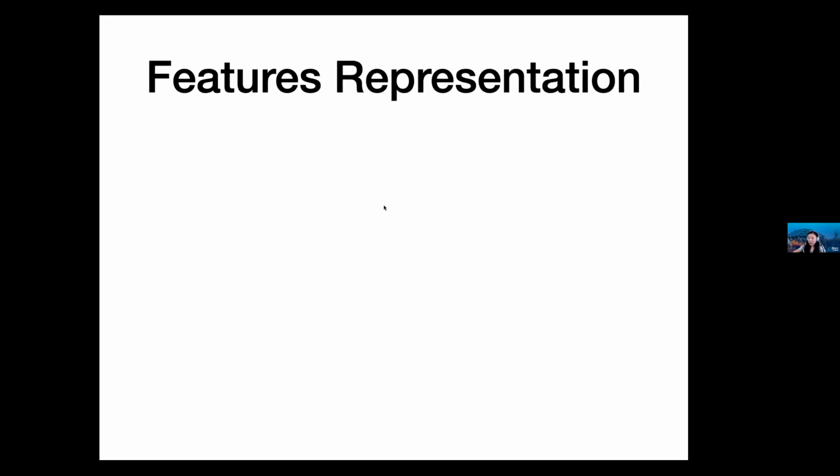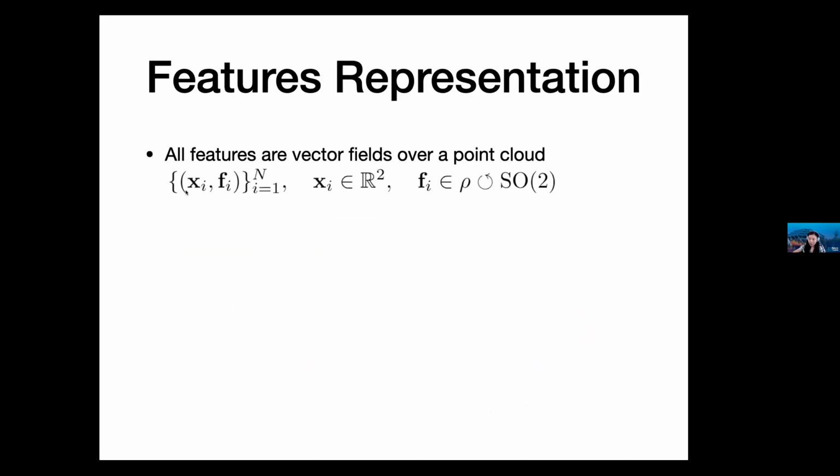Our data is point cloud. For point cloud, we have points xi, which is the position in the space. In this case, it is the xy coordinate of the point. And on top of the points, we have features.